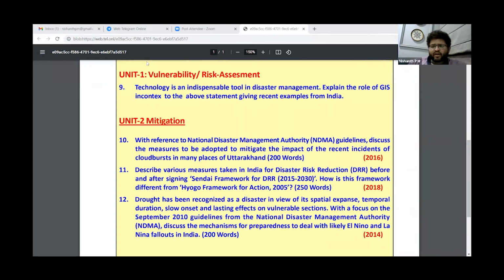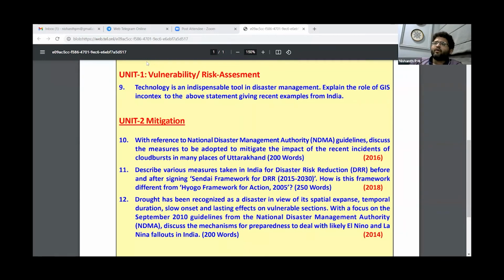So Sumant, you can write cloudburst. Cloudburst is a geographical term, so it is better to stick to the standard definitions in geography. If someone asks you what plate tectonics is, you write what plate tectonics is, and if you can reproduce the definition in the standard textbook, it's actually a very good thing.